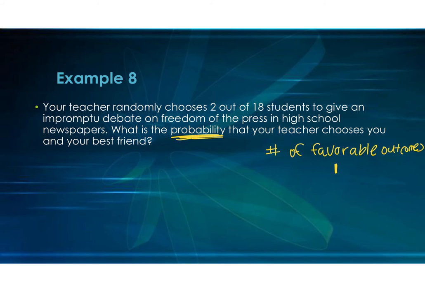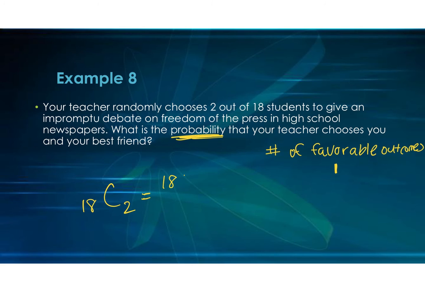So whatever we get for the total number of combinations, we're going to put that as our denominator, and that'll be our probability, okay? So how many students are there to pick from? 18. And how many are we picking? 2. So 18 choose 2.